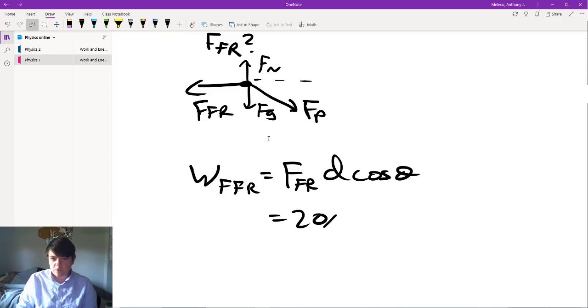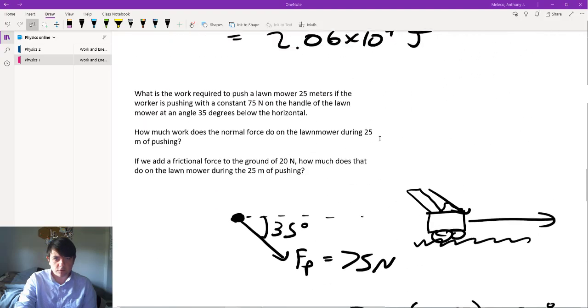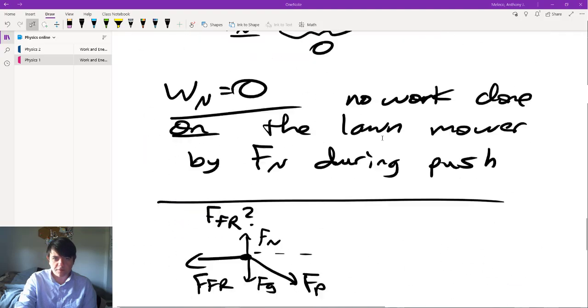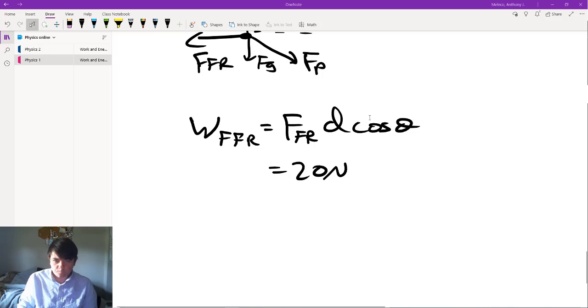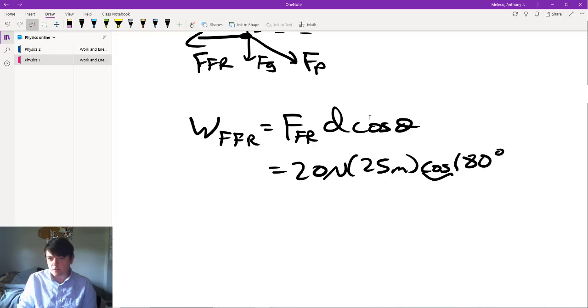They tell us this is 20 newtons. This was 28, or wait, 25. 28 was the previous one. And then cosine of 180 degrees, and this is -1, right? So we're going to get negative work here.